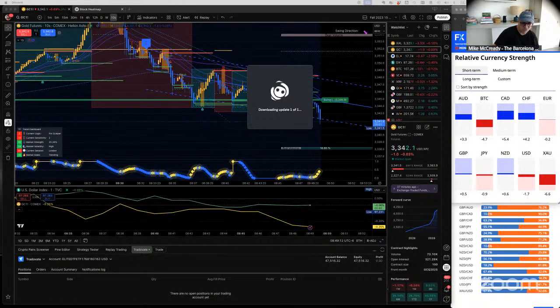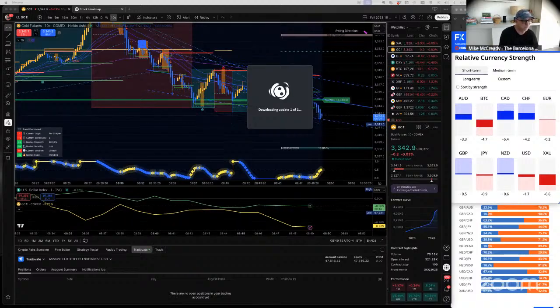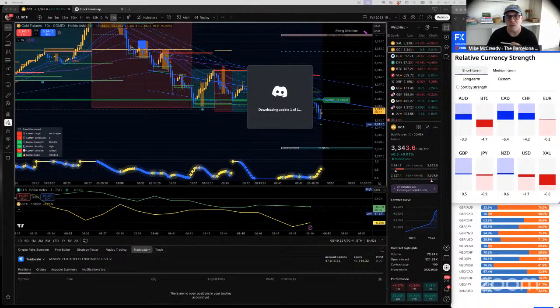Pushing through. Good. Once we get below the daily pivot, there might be more to trade. In the meantime, I'm updating Discord.